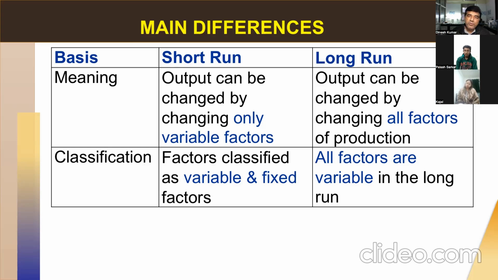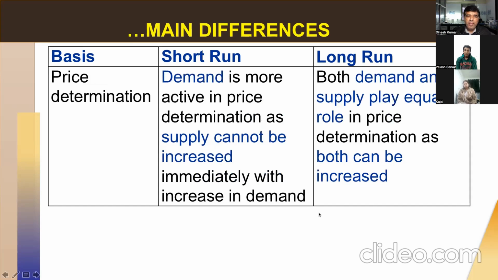And when he is able to change only variable factors, that period will be the short run. So factors are classified as variable and fixed in the short run. But in the long run, all factors are variable, because he can change variable as well as fixed factors.